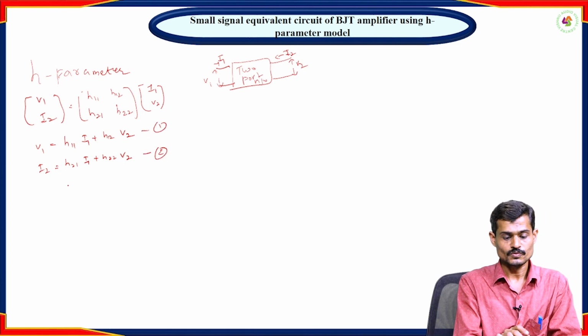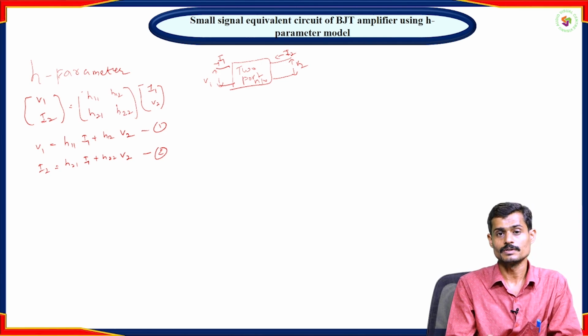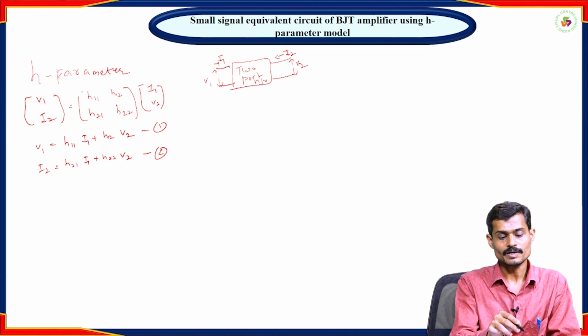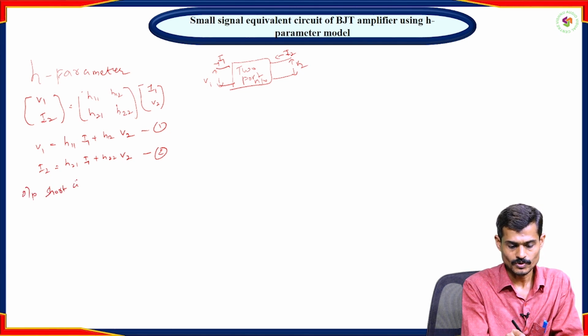To calculate H11, H12, H21, H22, once make the output a short circuit to calculate two parameters, and once make I1 equals 0, that is, the input as open circuit. So first I am making the output short circuit in both the equations.